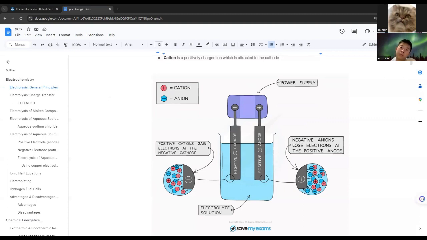Actually, wait, no, I'm wrong. It's the opposite. It's completely backwards. Metals need to give away their electrons, while non-metals need to gain electrons.